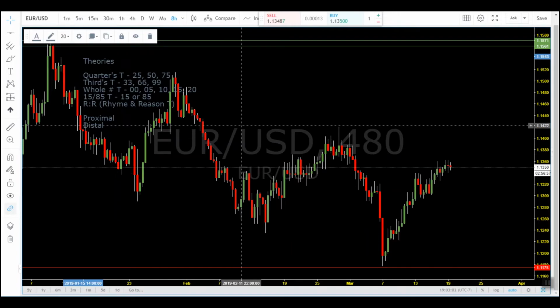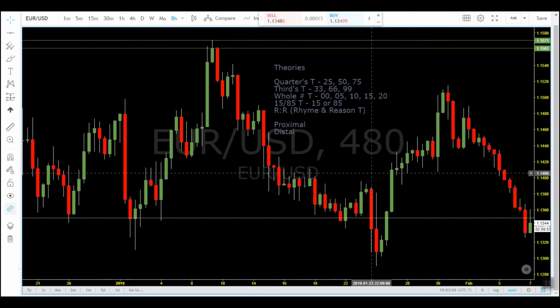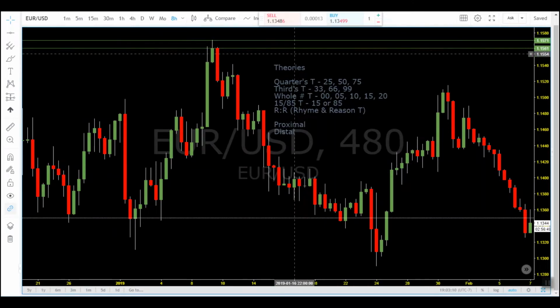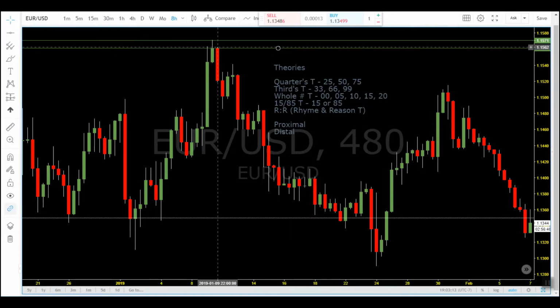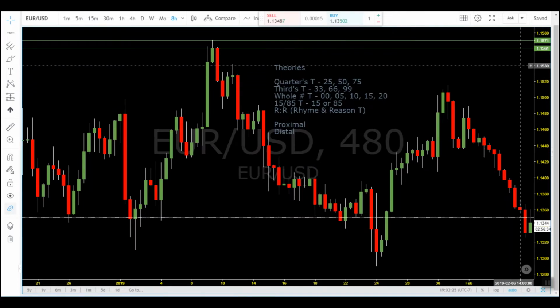Okay, so now let's go back here and see what we got here. So now when I'm looking at wanting to recognize, not only do I have my lines lined up properly, but do I have the right prices here indicated? So we have what we call quarters theory. The T stands for theory. So these are all theories. So quarters theory will have the pips.